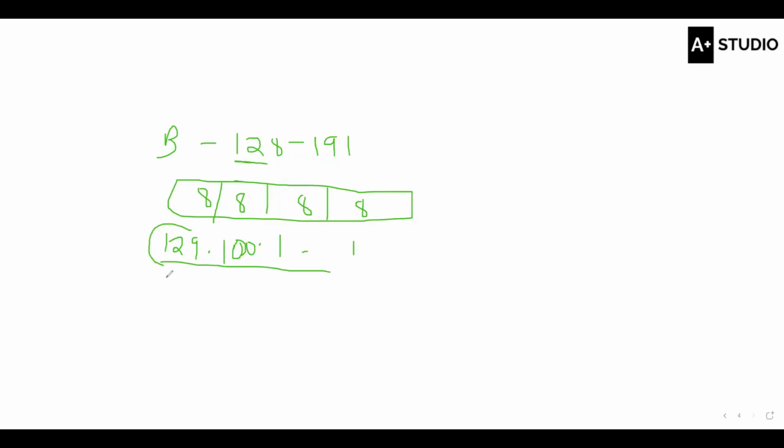So the moment I see 191 dot maybe 1, I should tell that this is a class B IP address, because it should range from 128, 129, 130, 131, up to 191. That is a class B IP address.